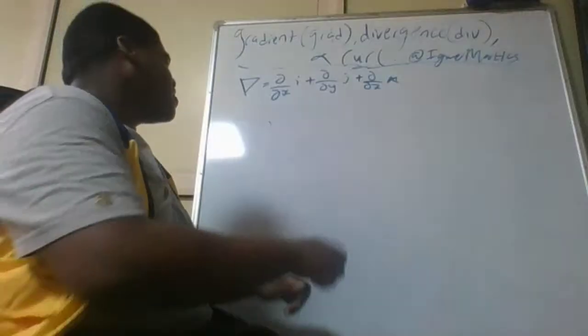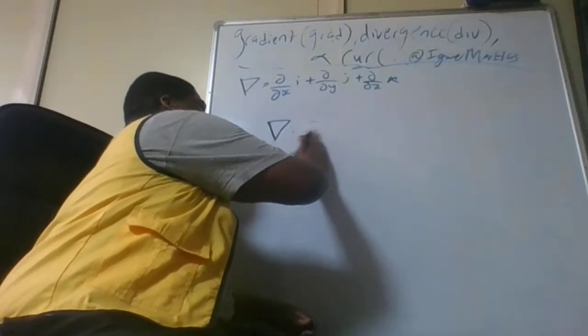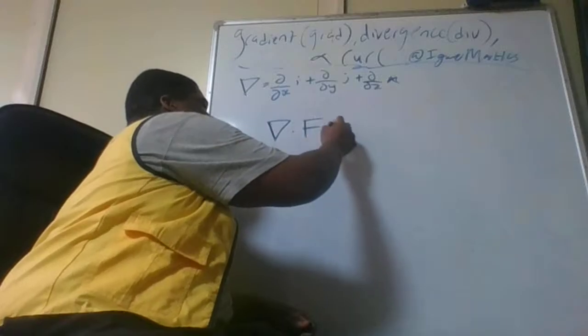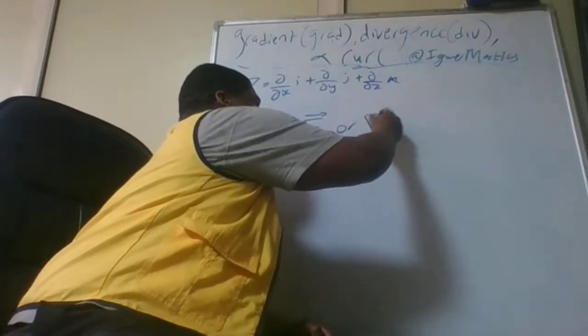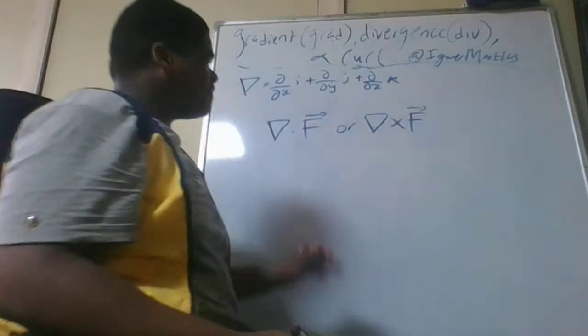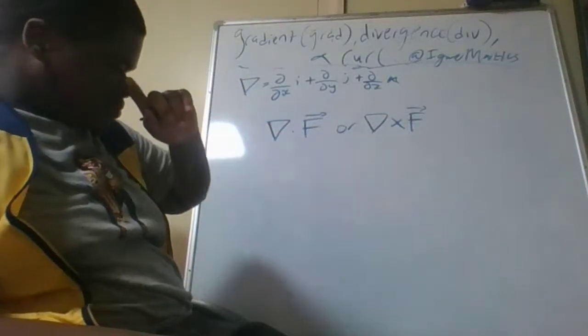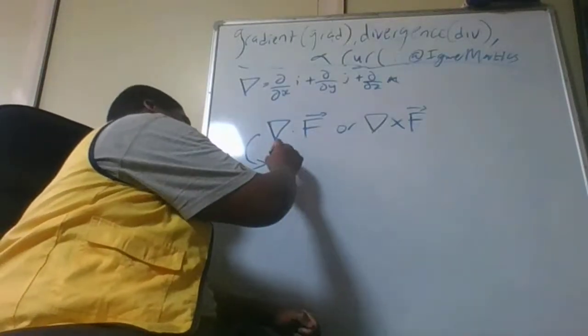First of all, it can be the dot product, Nabla dot f, or it can be the cross product, Nabla cross f. If you're using the dot product, then your entire result is going to give you a scalar.